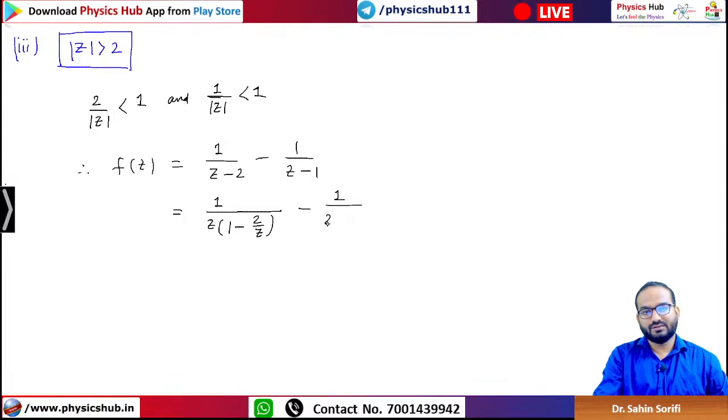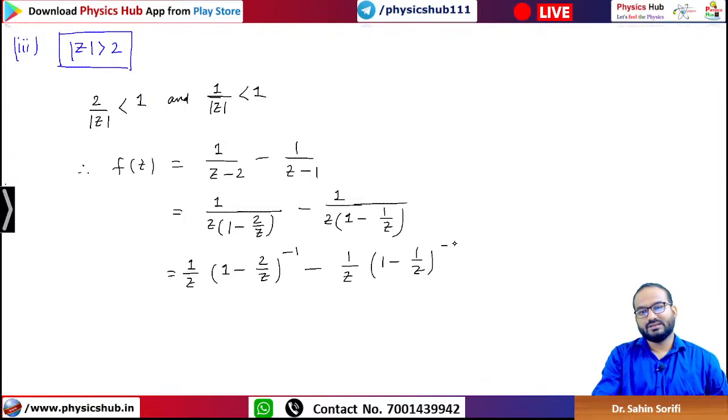So here you take z common. So it is 1 by z, 1 minus 2 by z inverse, minus 1 by z, 1 minus 1 by z inverse.